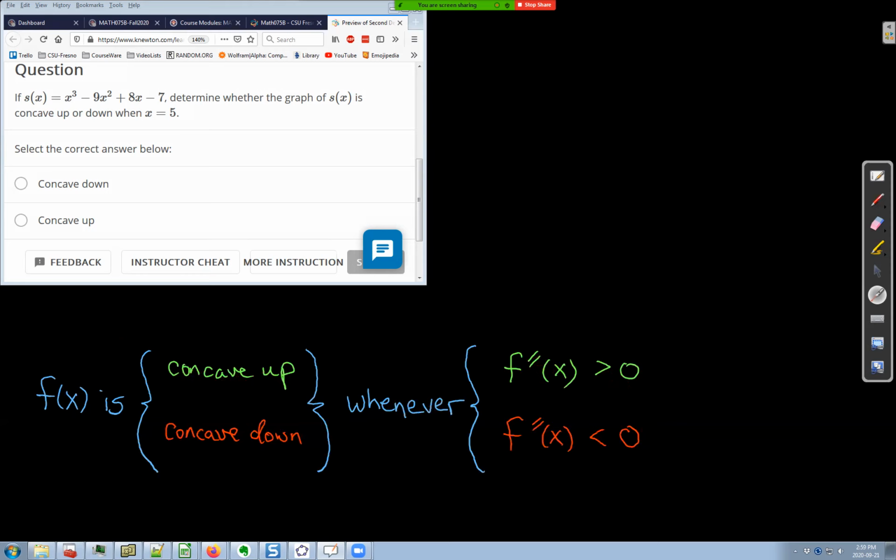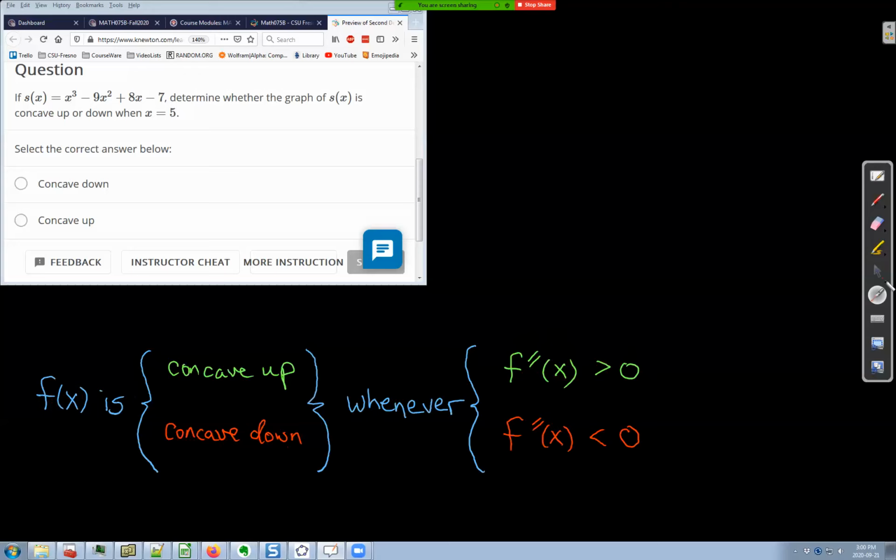On the other hand, the original function will be concave down whenever the second derivative is a negative number. So it's all about looking at the sign of the second derivative. If the sign of the second derivative is positive, the original function is concave up. If it is negative, the original function is concave down.